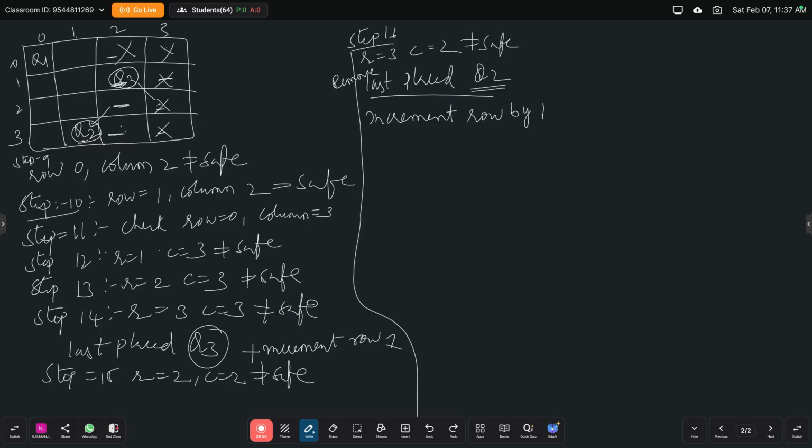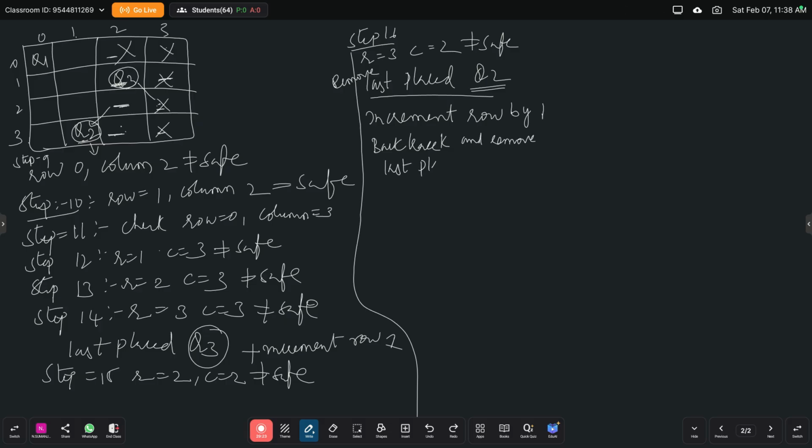But our last placed queen itself is at the last row, so there is no further row to increment. At that time, backtrack again and remove the last placed queen.